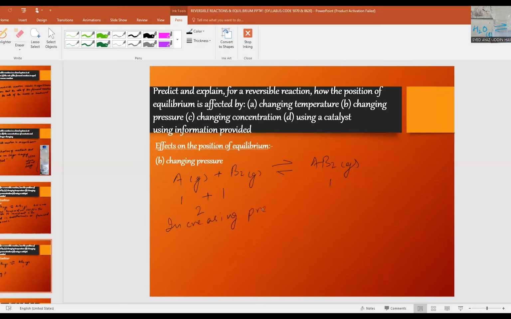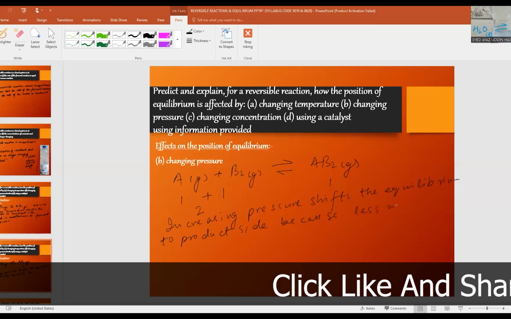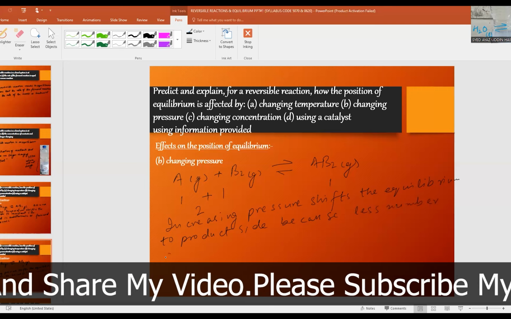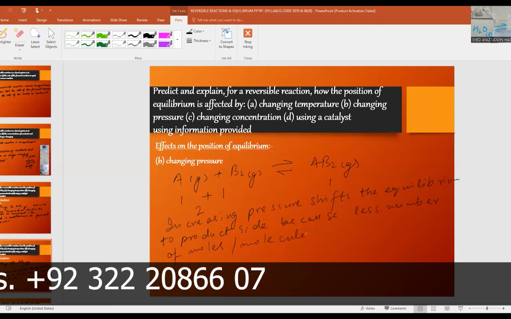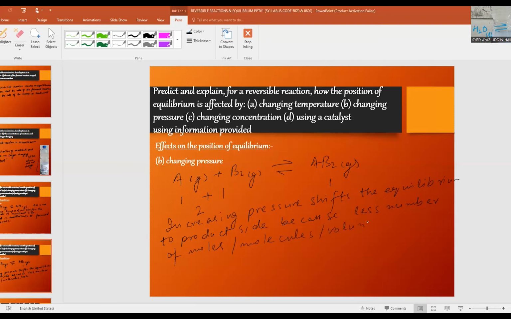Increasing pressure shifts the equilibrium to product side because less number of moles, molecules, or volumes of gases on product side.